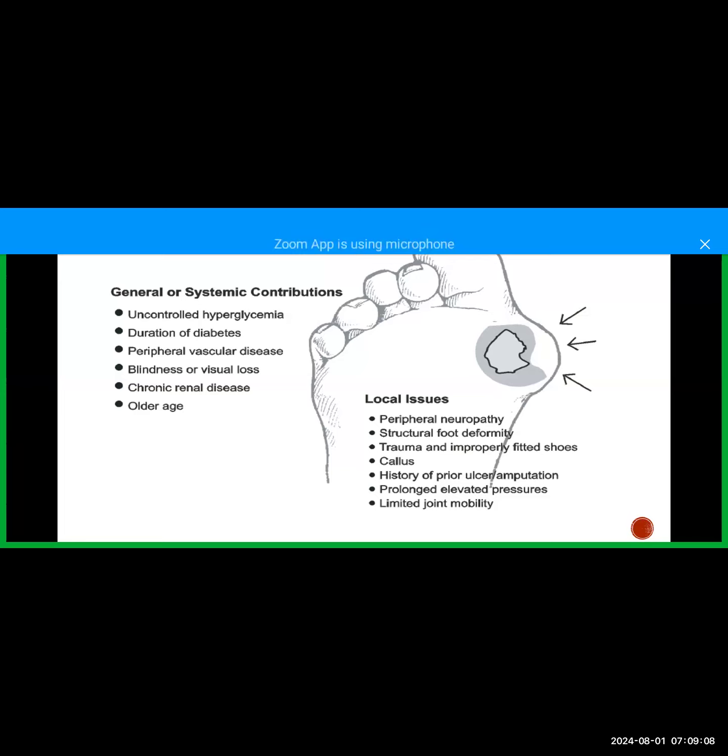So that's male sex, diabetes for more than 10 years' duration, peripheral neuropathy, abnormal foot structures, patients with bony abnormalities, callus, thickened nails, visual impairment, peripheral arterial disease, smoking, history of previous ulcers or amputation, poor glycemic control, and diabetic neuropathy, nephropathy, and especially patients on dialysis. Those are also risk factors for developing diabetic foot ulcer syndrome.